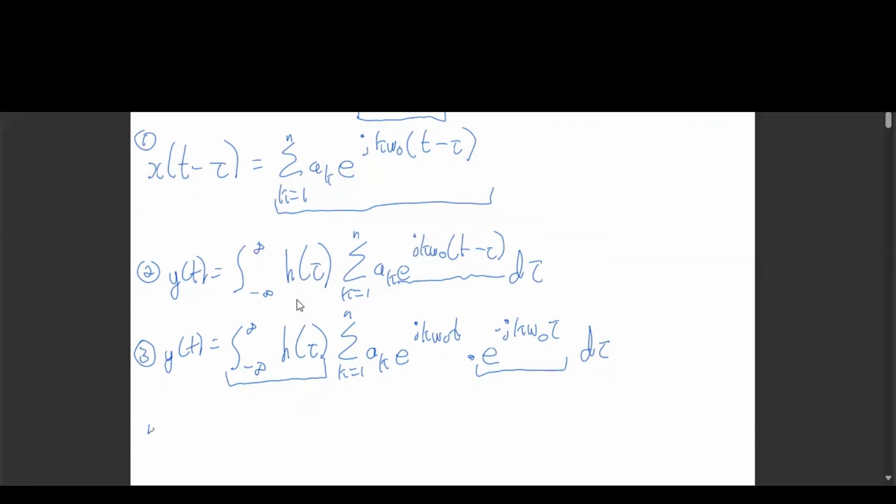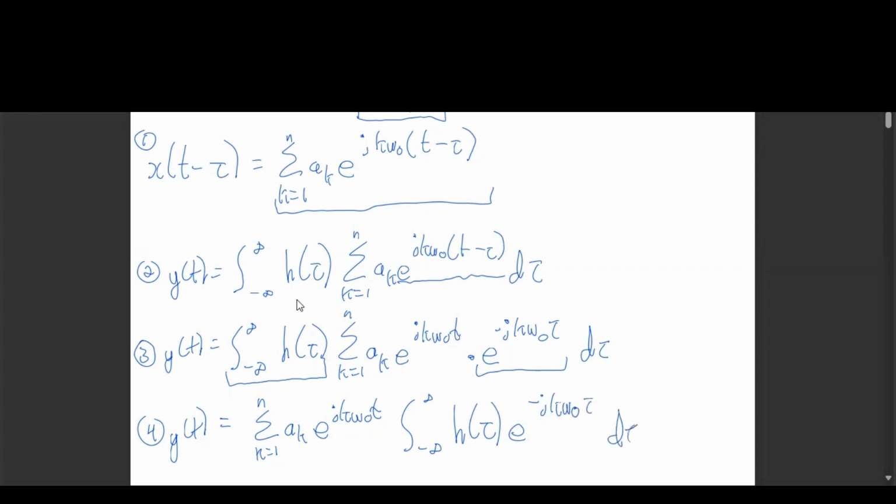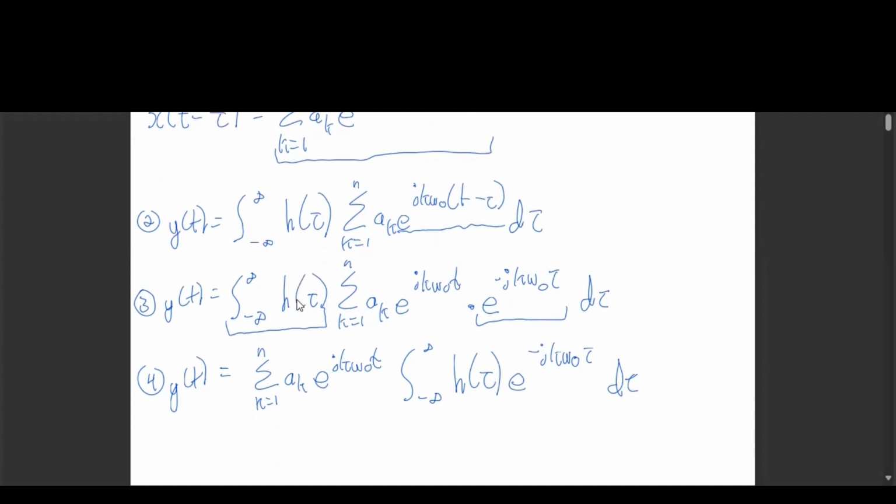So now you end up with y at t equal to the sum k equals 1 to n of a k e to the j k omega naught t, times the integral from minus infinity to infinity of h at tau e to the minus j k omega naught tau d tau. Right, so at this point we have something happening.